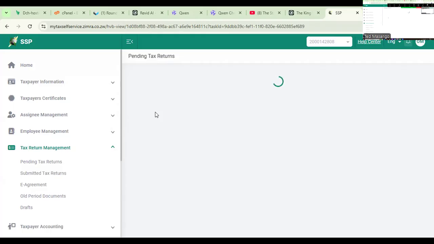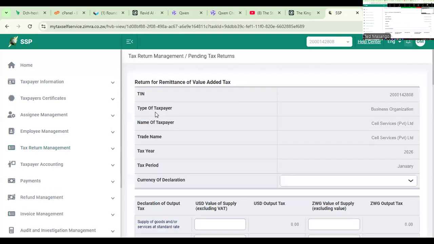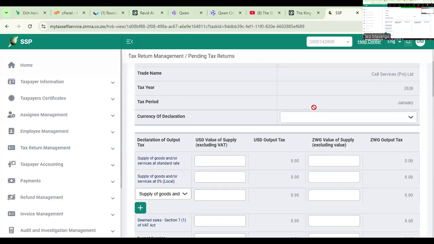When you buy, it could be trading goods, capital goods, or services, you are charged value-added tax. So when you are doing this return, you are matching the output tax against the input tax for you to get either a VAT payable or a VAT refund.